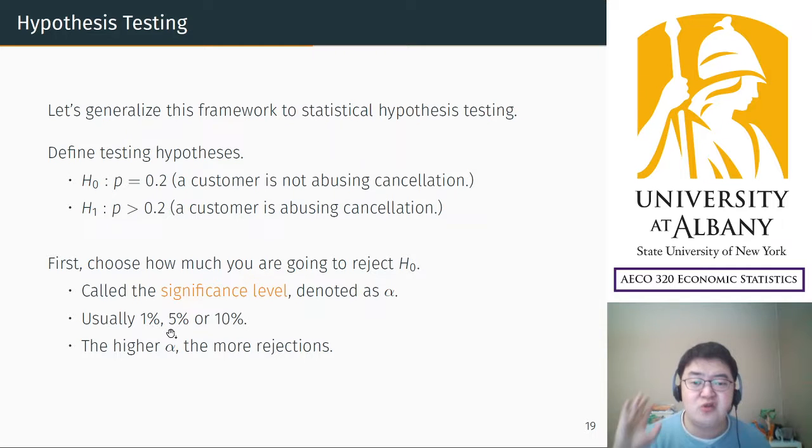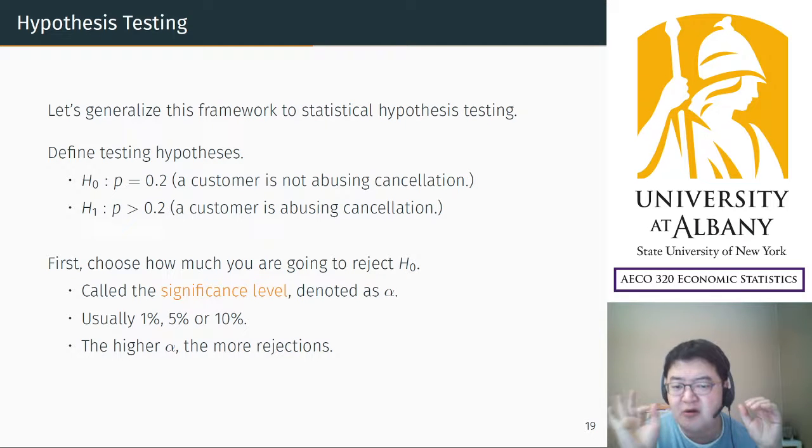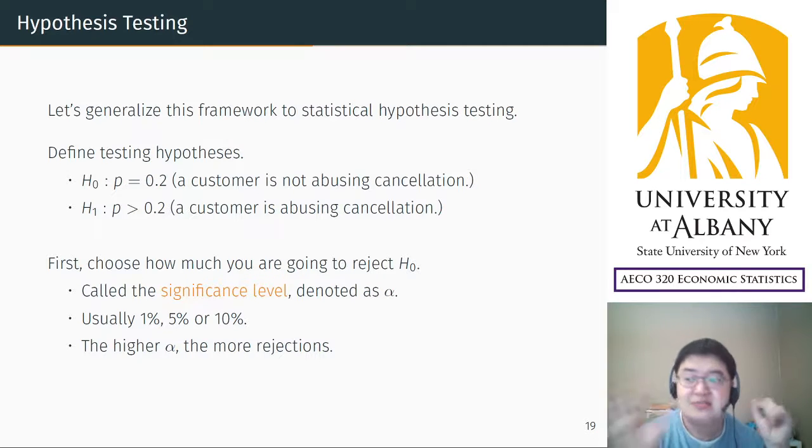Like if you're willing to ban 5% innocent customers, then that's your degree of strictness, how strict you are. Or if you're willing to ban 10%, then you are more strict. You ban a lot of customers. Even though a customer is very little suspicious, you may still ban those customers.